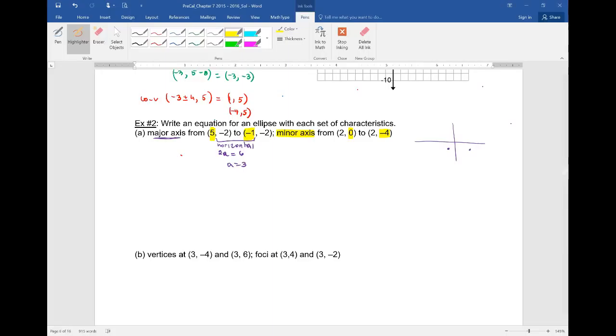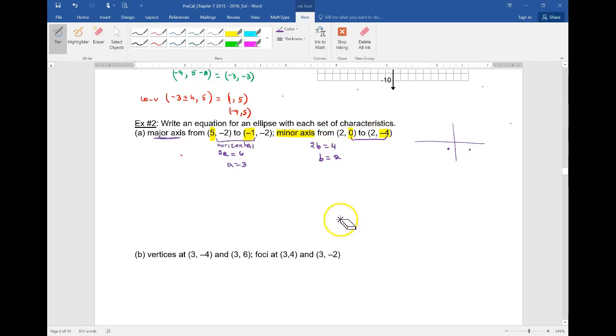And here the minor axis goes from 0 to negative 4. How many spaces is that? 4. Minor axis gives you B, right? So that's 2B is equal to 4. So B is equal to 2.